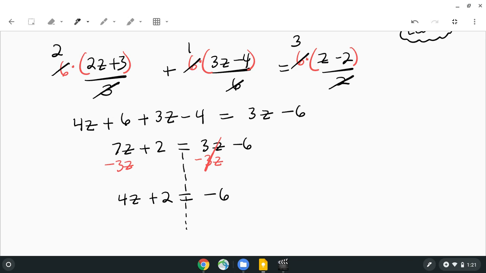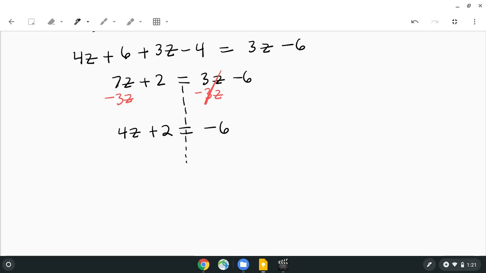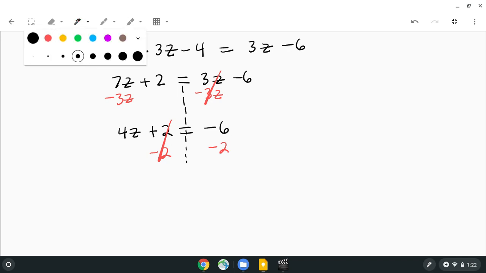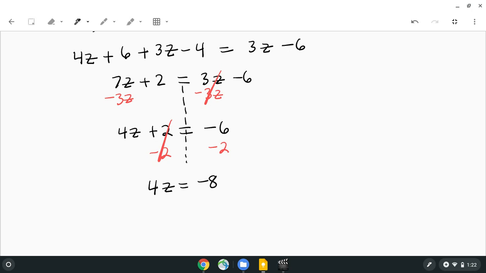All right, so now I can finish solving this. Subtract 2 on both sides. Cancels. And I'm left with 4z equals -8.